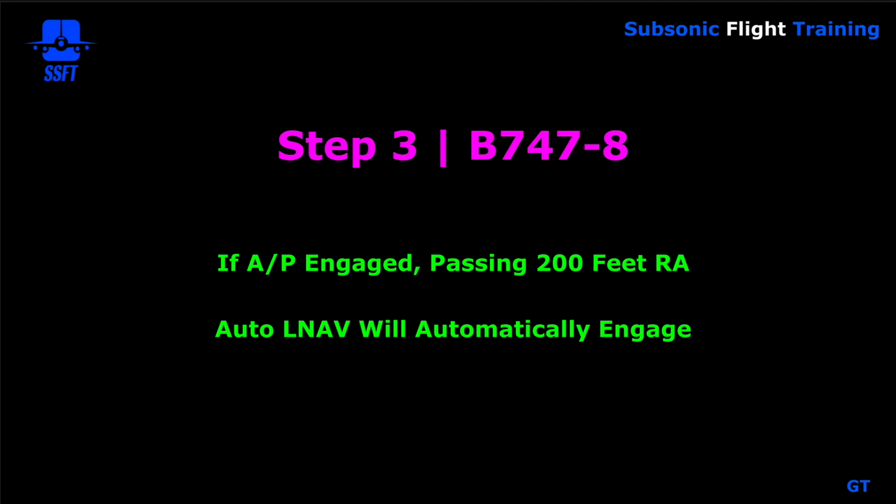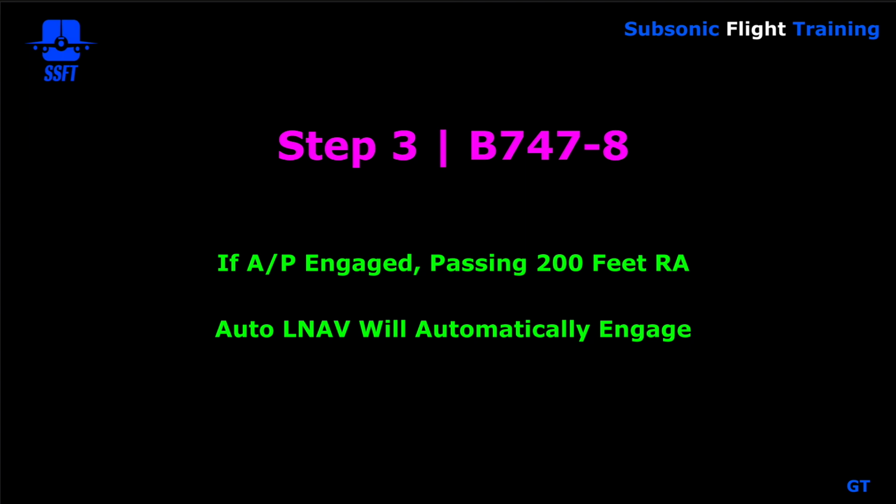If the autopilot is engaged and you're passing 200 feet RA, you will get auto LNAV automatically. It'll show up on your FMA. It'll say LNAV, and there'll be a green attention box around it for 10 seconds. And then, of course, if we needed heading select, we'd wait till 400 feet.